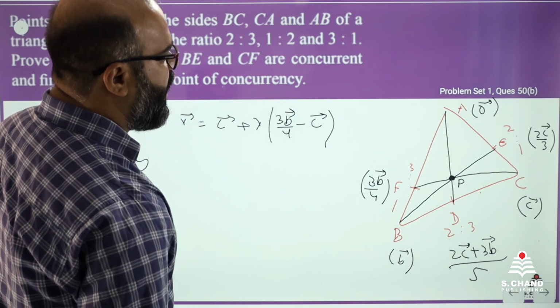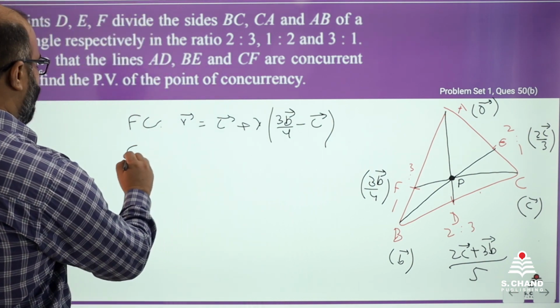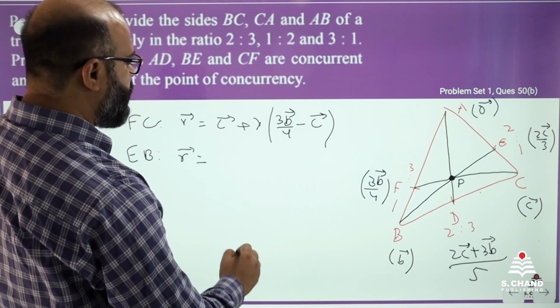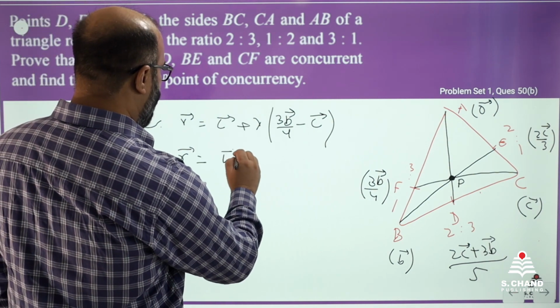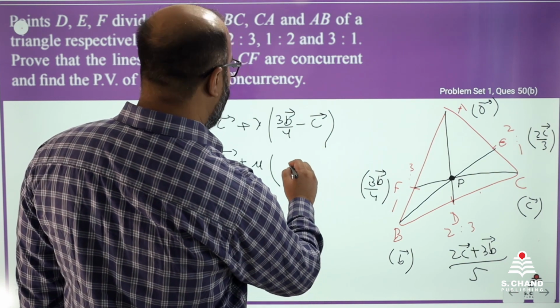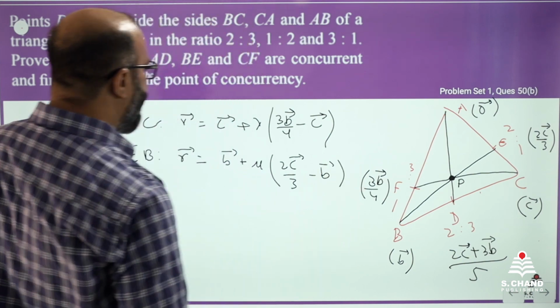And let us take the line EB. If we take EB, R will be equal to B plus mu times 2C by 3 minus B.